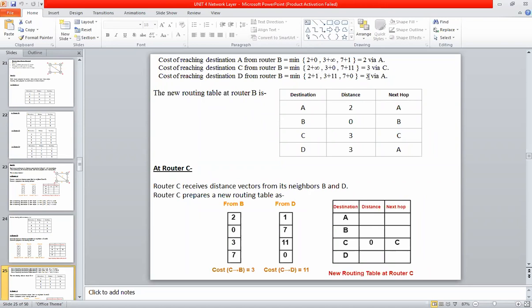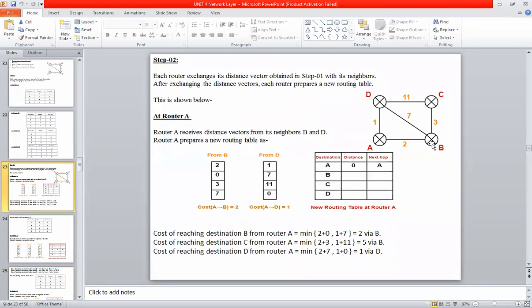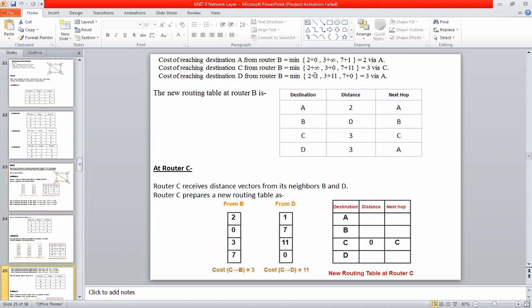Similarly, for the cost of reaching destination D from router B: B to A to D, that is 2 plus 1; B to D, 7; and B to C to D, that is 3 plus 11, which is 14, and 7 plus 0, that becomes 7.